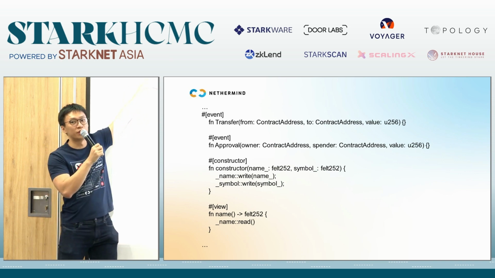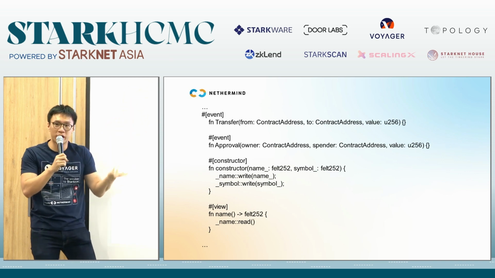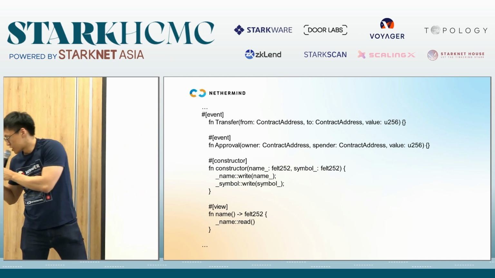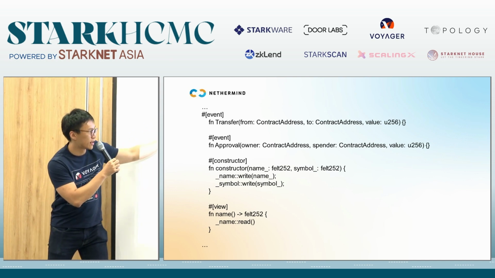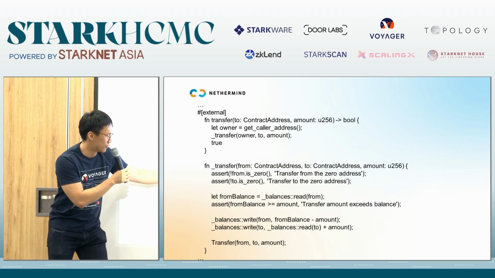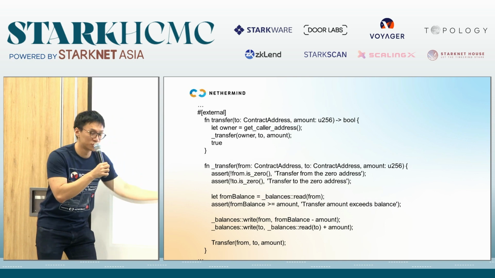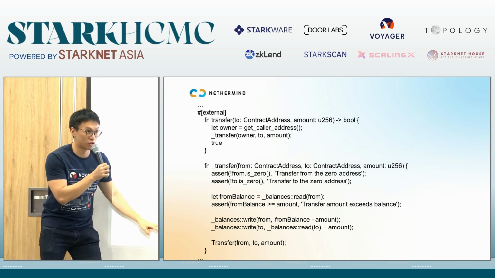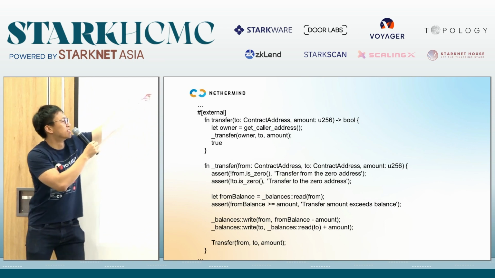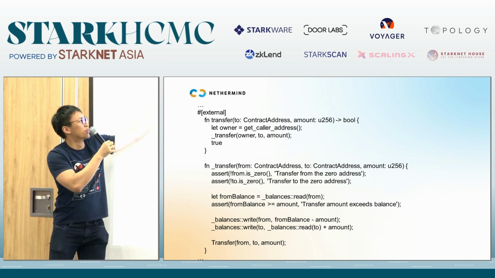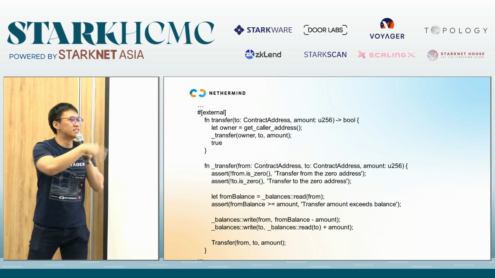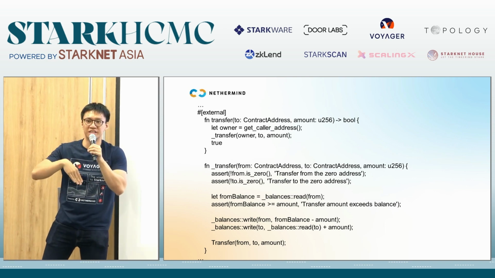I just decided to clump them together for readability and good practice. Constructor, view function, and external function. These are the logic that I talked about: the asserts, the reverts, the writing of balance to the storage, and emitting of the transfer event, and get caller address. And this is a private function, and return true. As if this is an ERC20 contract in Solidity. Now it's on Cairo.